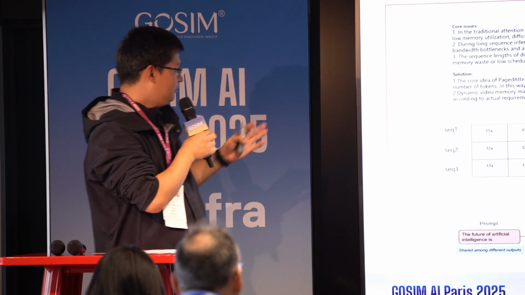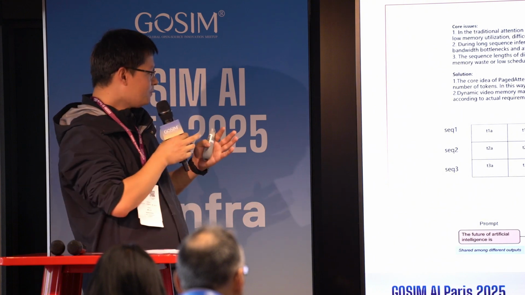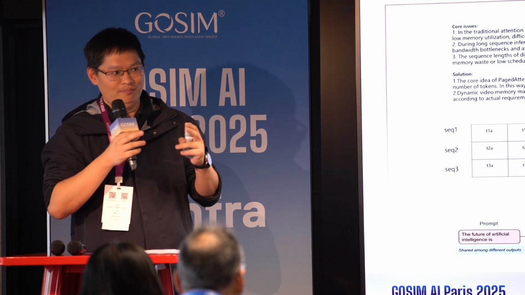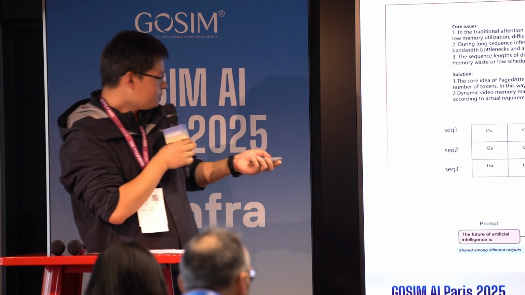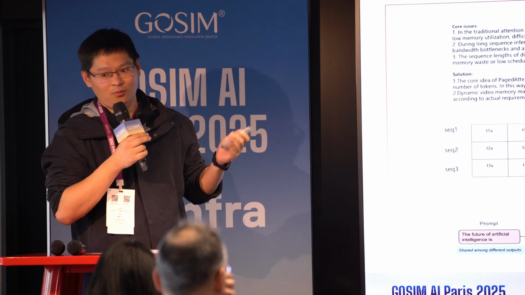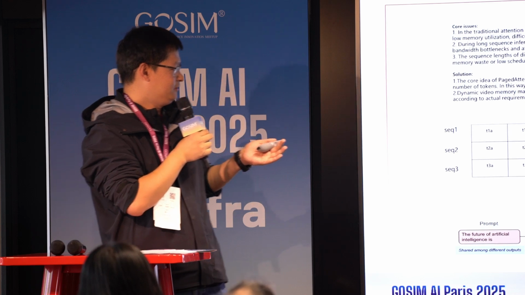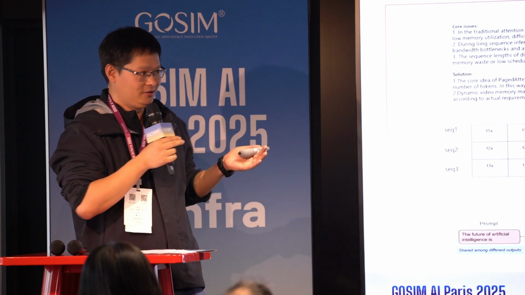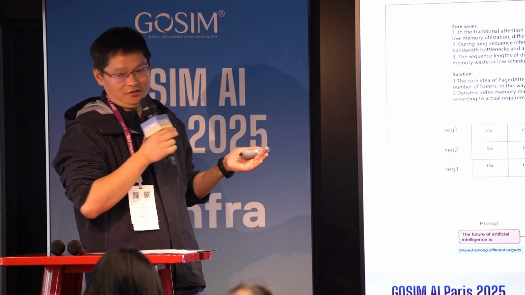So in this case, page attention splits the memory into many small blocks, and each token or each input word can be located in the small blocks, so that the memory can be used fully.